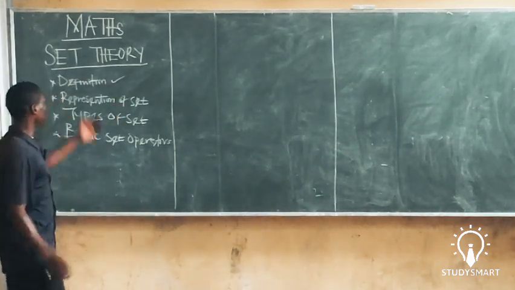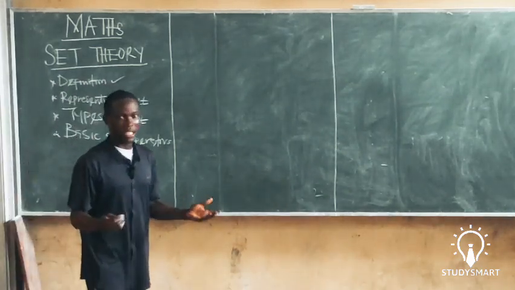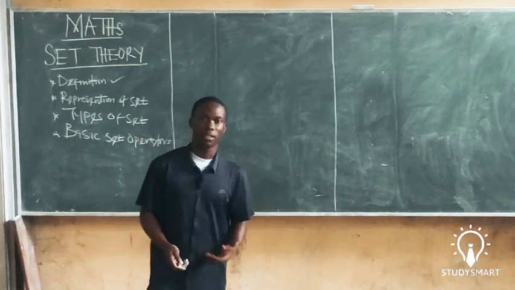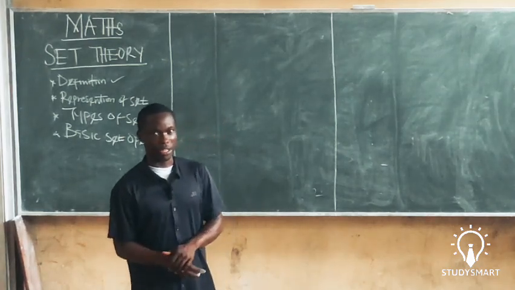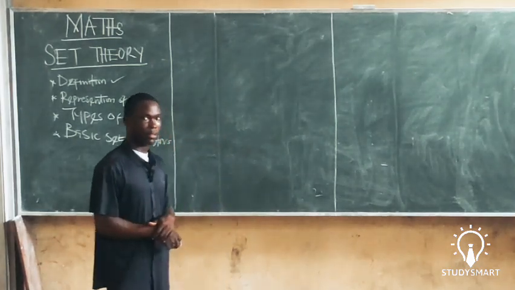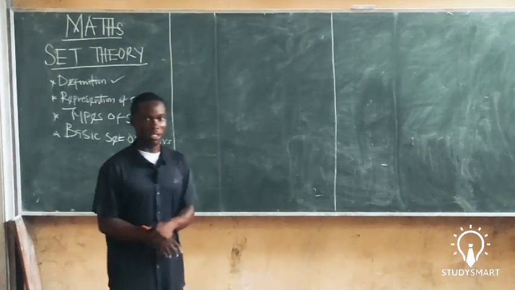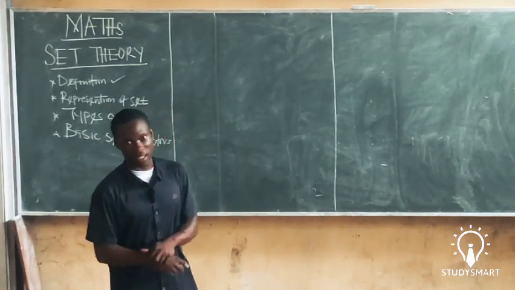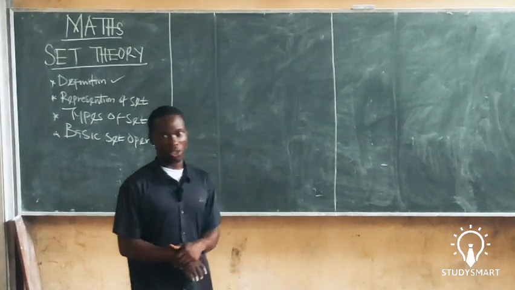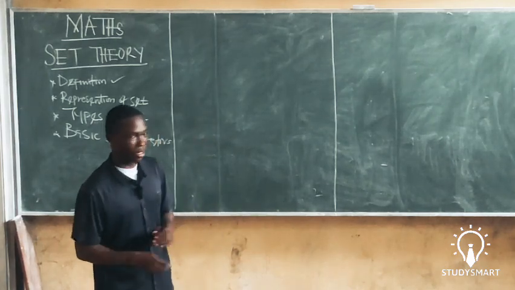Alright, definition of set. A set can be defined as a collection of well-defined objects or elements. If we want to denote a set, we use uppercase letters, while the elements are always in lowercase.